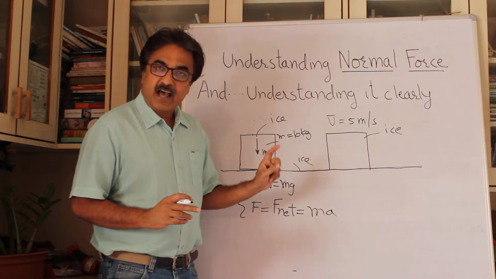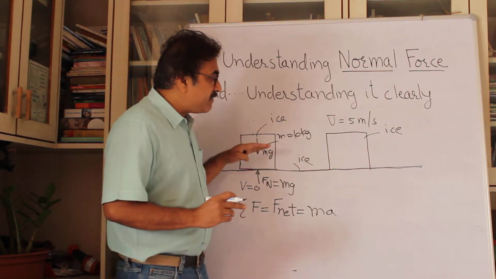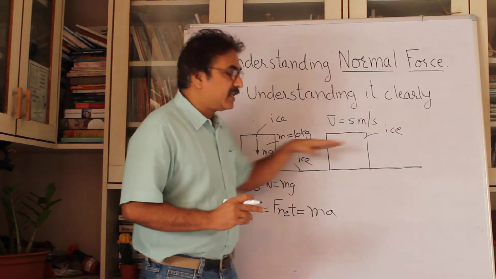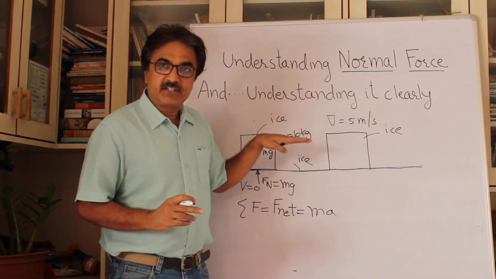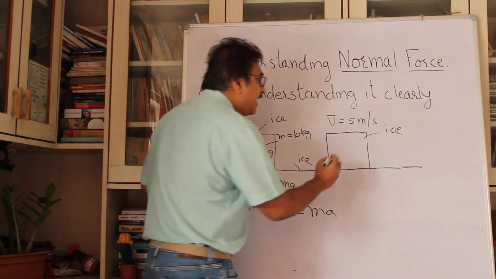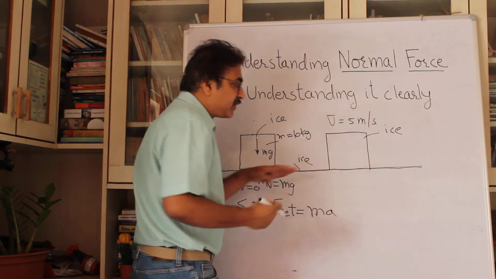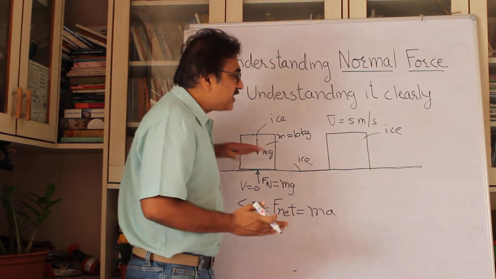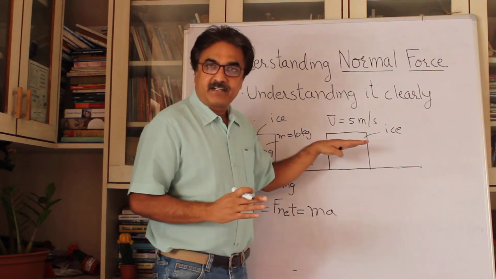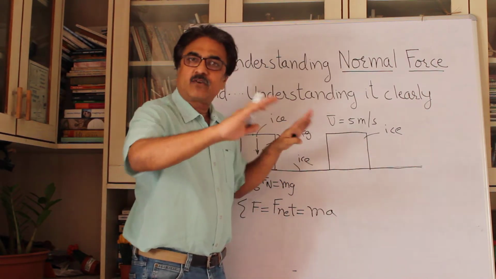It is moving in this direction, so net force in this direction is zero. There is no friction, because I am considering ice over ice, so there is no force acting on it in the horizontal direction. It is moving at constant velocity.